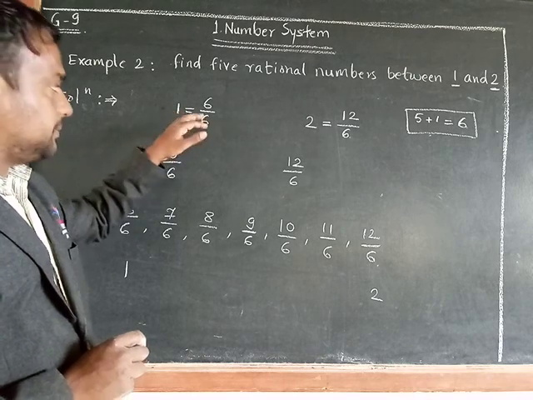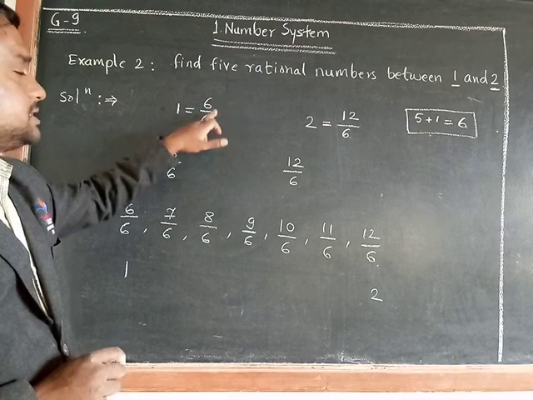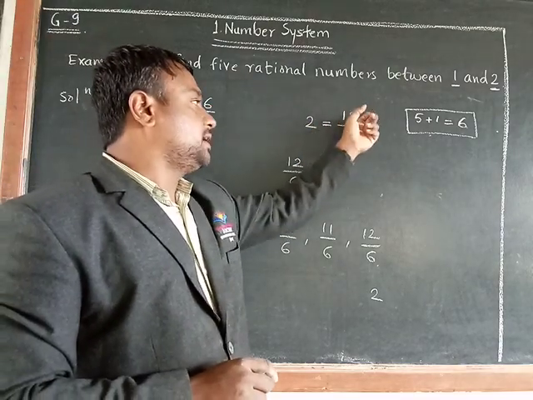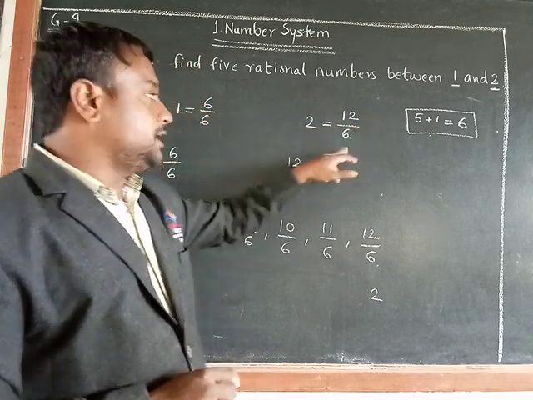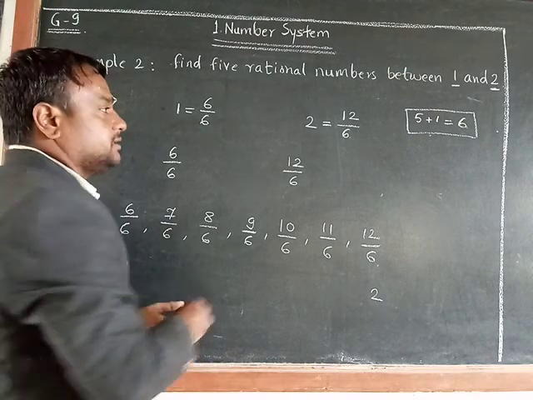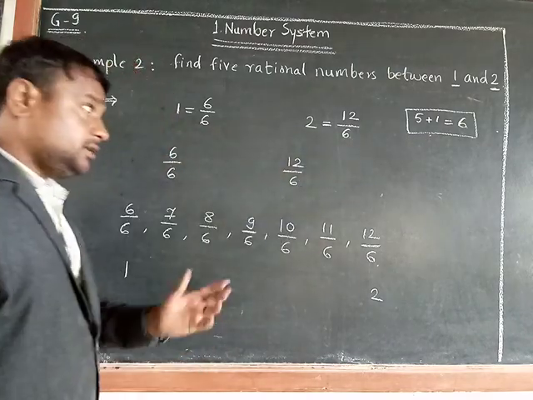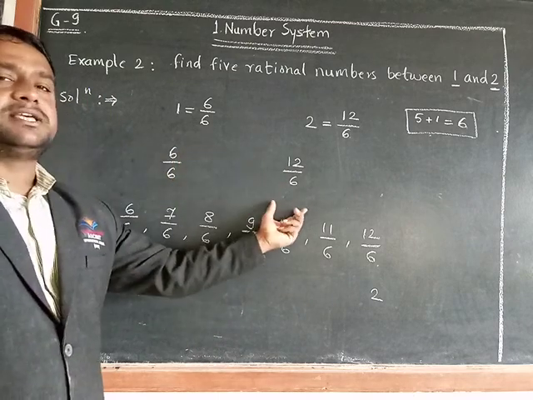Like 1 we represent in the form of 6 upon 6, because 6 ones are 6. Again 2 we can represent in the form of 12 upon 6, like 6 twos are 12. So we take care that the denominator always must be 6. Then easily you can find out the numbers between 6 upon 6 and 12 upon 6.